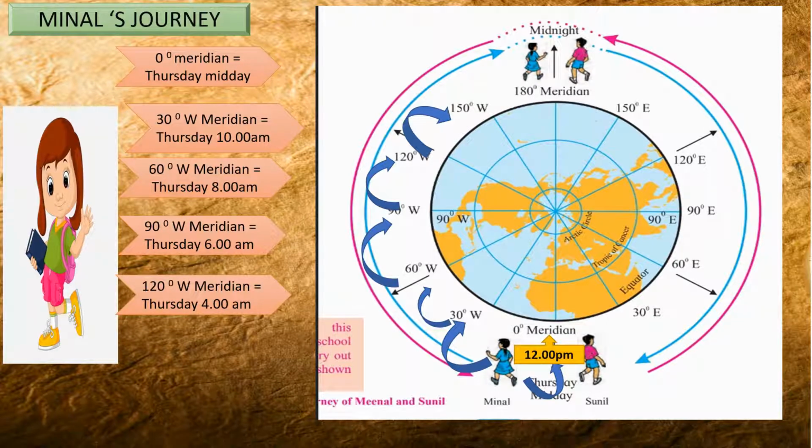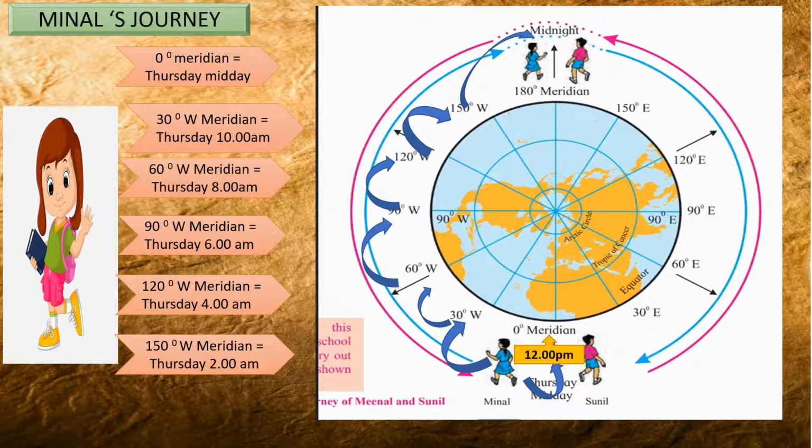Then what will be the timing at 150° west meridian? Yes, correct. 2 hours differences means it will be 2 a.m. that is Thursday. Again, Meena is traveling from 150° to 180° meridian. Now again, as all of you know that 30 longitudes means 2 hours differences.